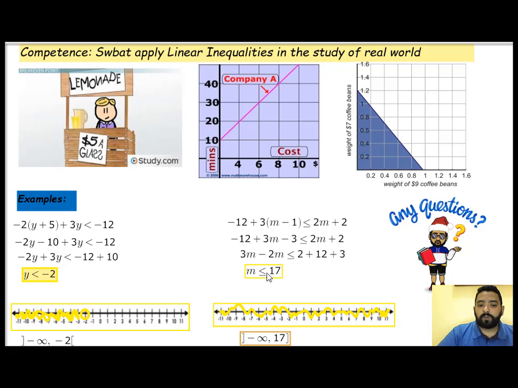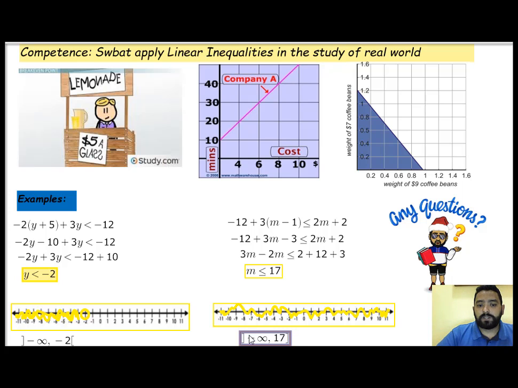17. The difference between this and the previous one is that here we have the line under the inequality. So we're going to take values from 17 down to negative infinity, and in this case we need to include 17.